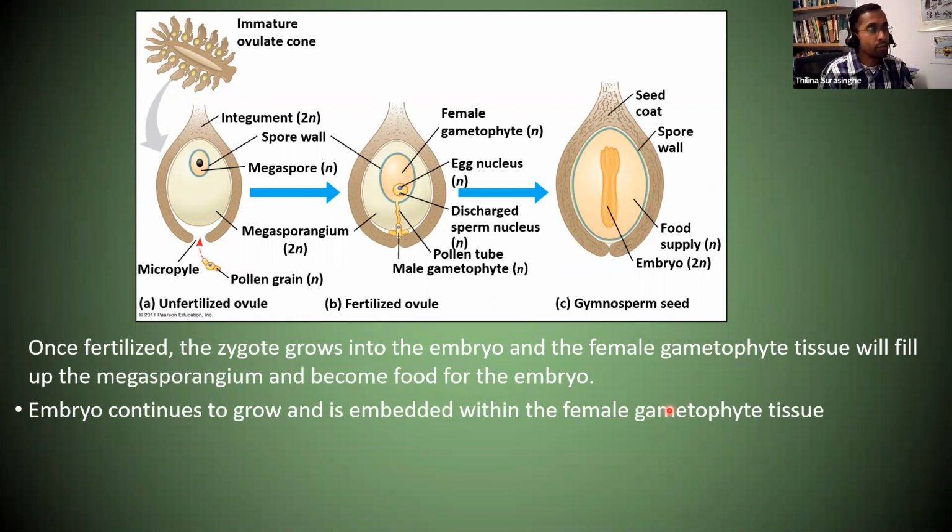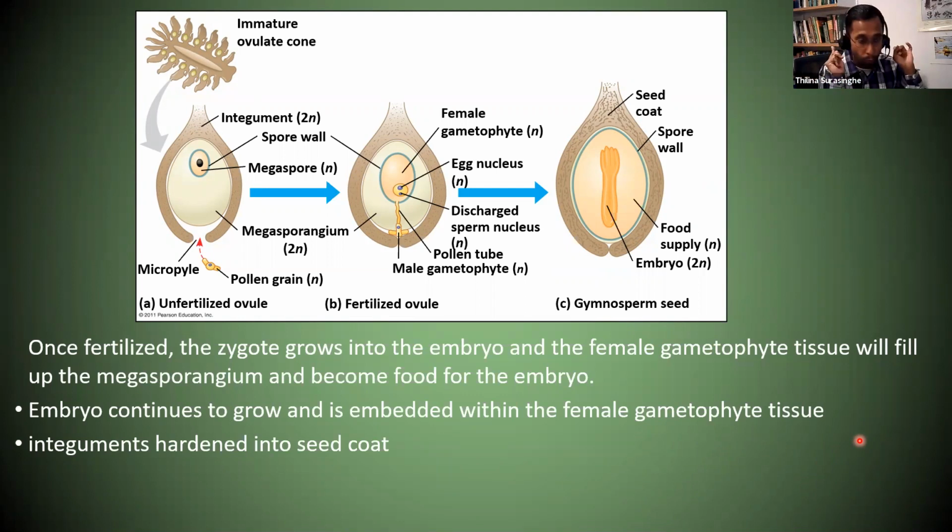And the embryo keeps growing, and will gradually become embedded and ingrown into the female gametophyte. Where is this happening? Inside the ovule. As this happens, the unfertilized ovule became a fertilized ovule when fertilization happened.